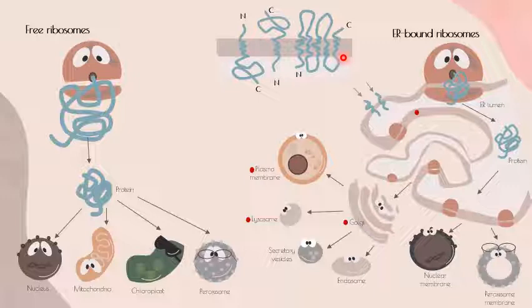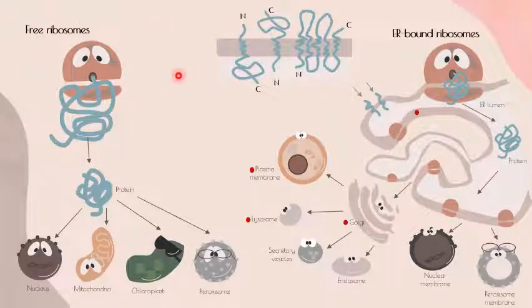So this translocation, the protein will also be translocated in the ER during synthesis. If it's synthesized by the bound ribosome, it will be co-translational, while if translated on the free ribosome in the cytosol, it will be post-translational translocation.